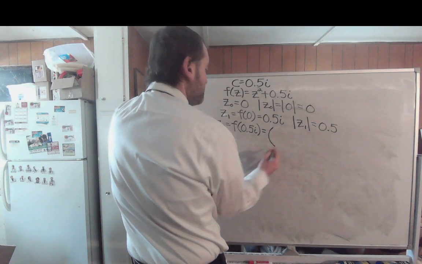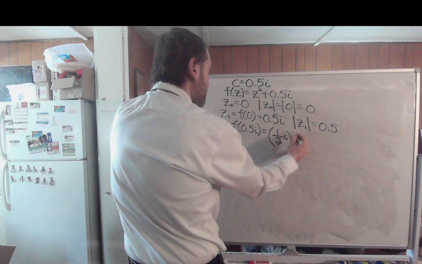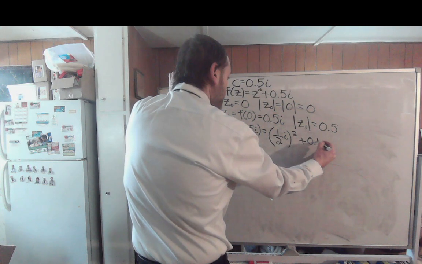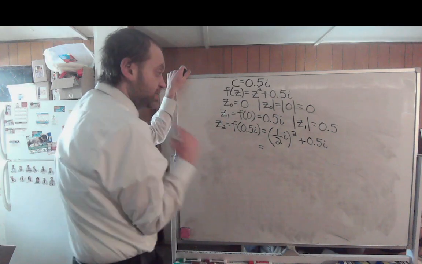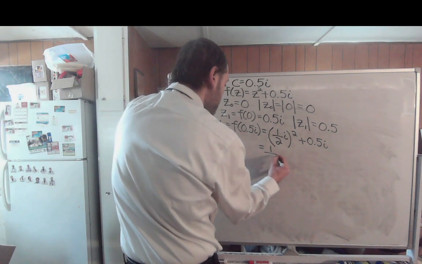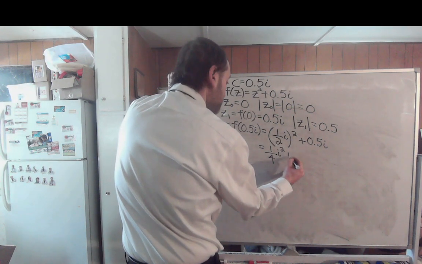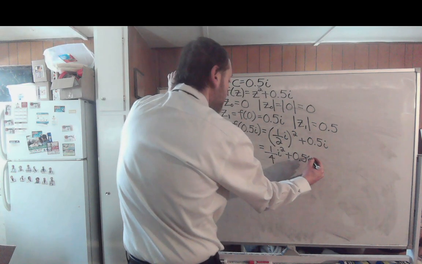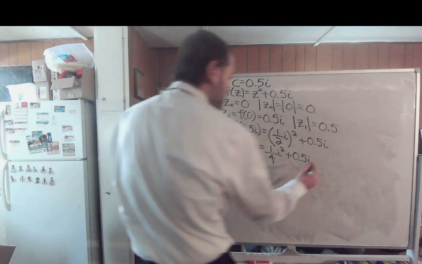So this would end up being 1/2 i raised to the second power plus 0.5i. So that's going to end up equaling, of course, 1/4 i squared plus 0.5i.